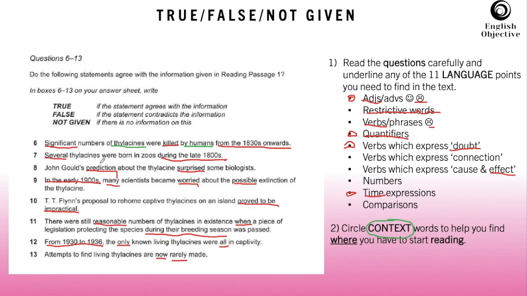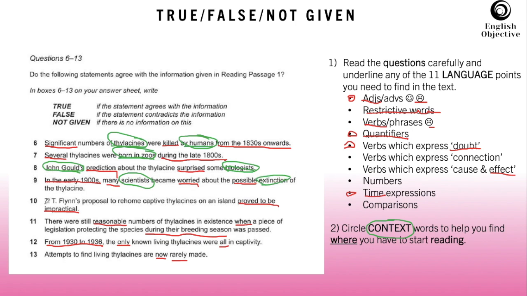The next one is that the thylacines were born, so born in zoos. That's very specific. Then if I have names, I would always circle the names. Surprised some biologists, many scientists, so scientist, possible extinction.